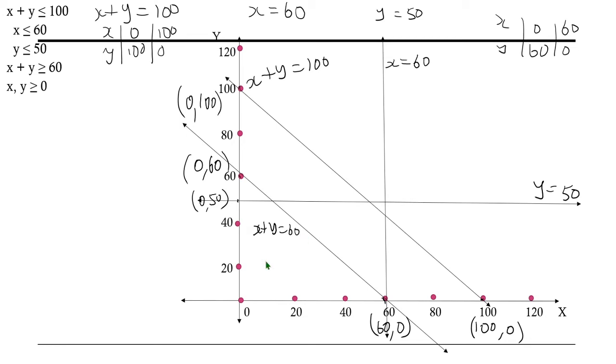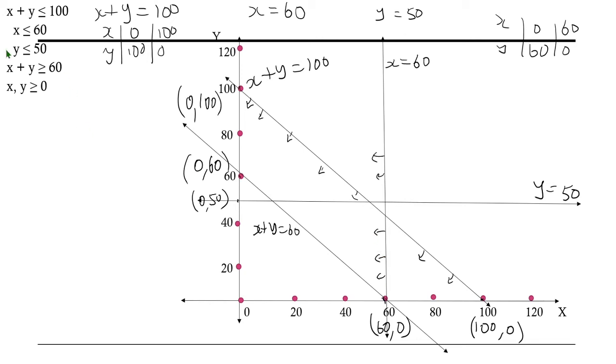Next, we have to find the feasible region. The first inequality is x plus y less than or equal to 100. The region corresponding to this inequality is this side. The next inequality is x less than or equal to 60. The region corresponding to this inequality is this side.